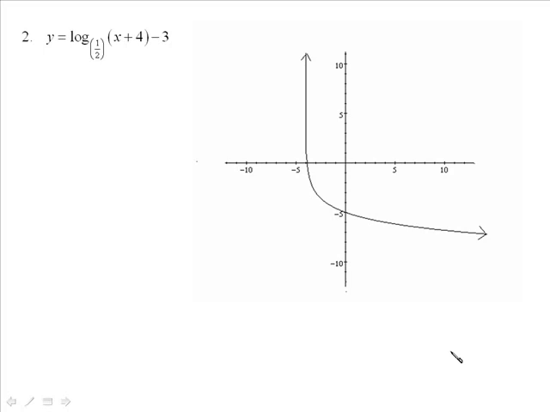Just change gears again and look at simple applications. We get into these in a more meaningful way later on when we have one more tool. Logarithms are used very often for really big or really small calculations or values, because the logarithm really is just an exponent, as we've seen earlier in this lesson.